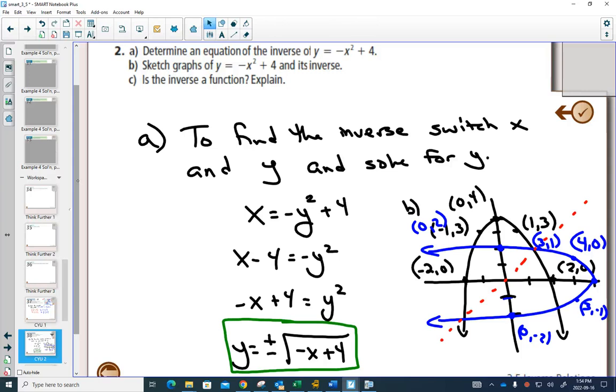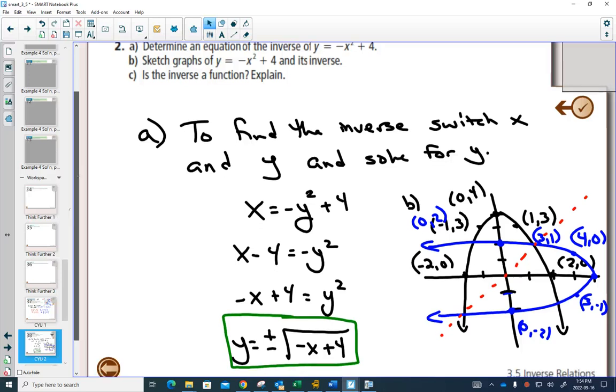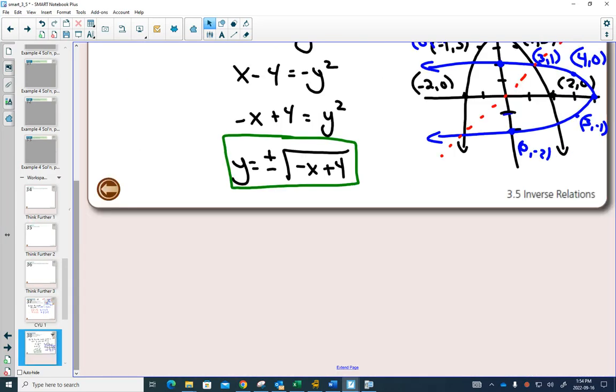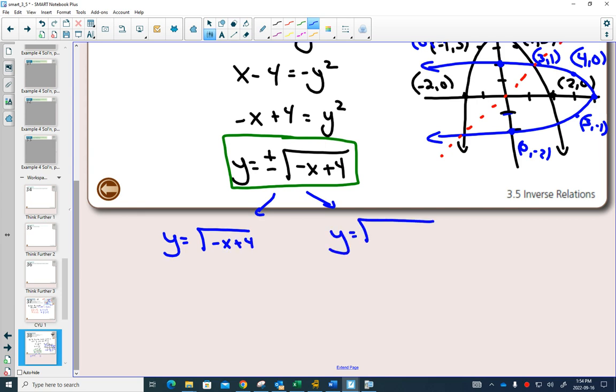Much more difficult would be, but not impossible, using your transformations. If you used your transformations, the plus or minus actually separates this into two different equations. One equation with the plus, and one equation with the minus. Okay?